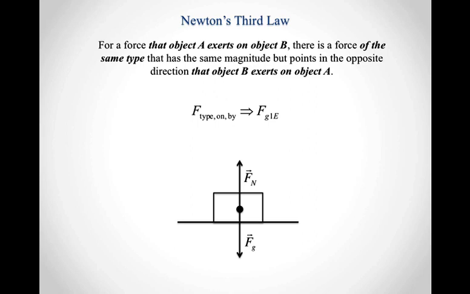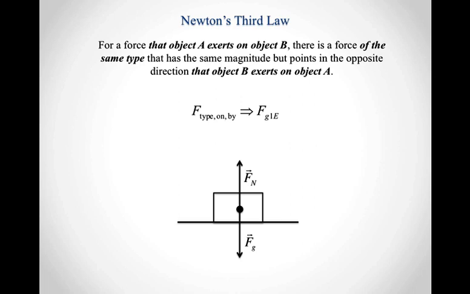So the more complete notation might be F type on by. As an example, you might talk about the gravitational force exerted on object 1 by the Earth.